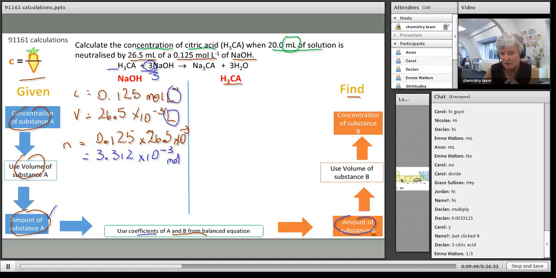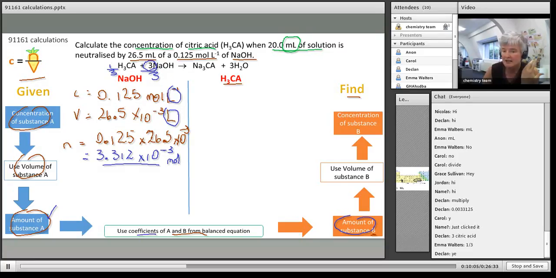And if I put divided by 3 there, can you see I need to also divide the citric acid by 3? So this figure that I've worked out for my moles of sodium hydroxide, instead of doubling it or tripling it, I have to multiply it by 1/3 to get citric acid.